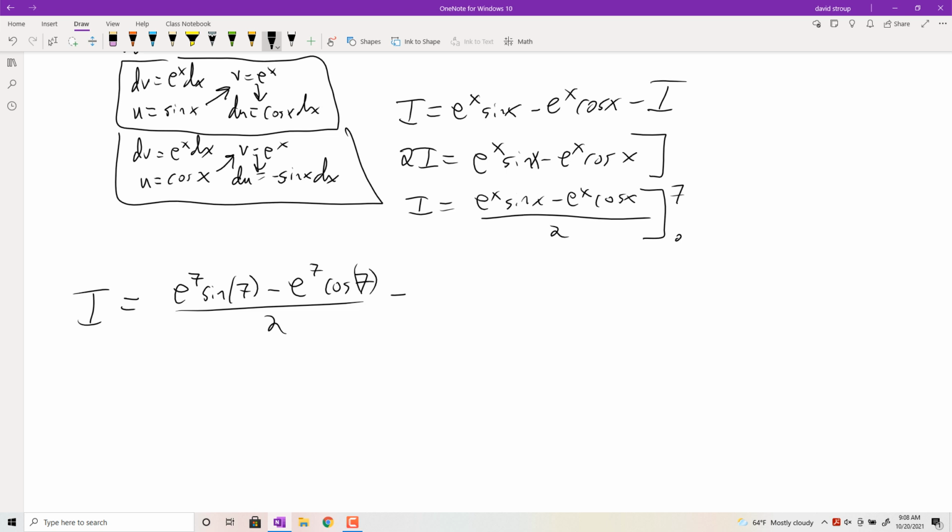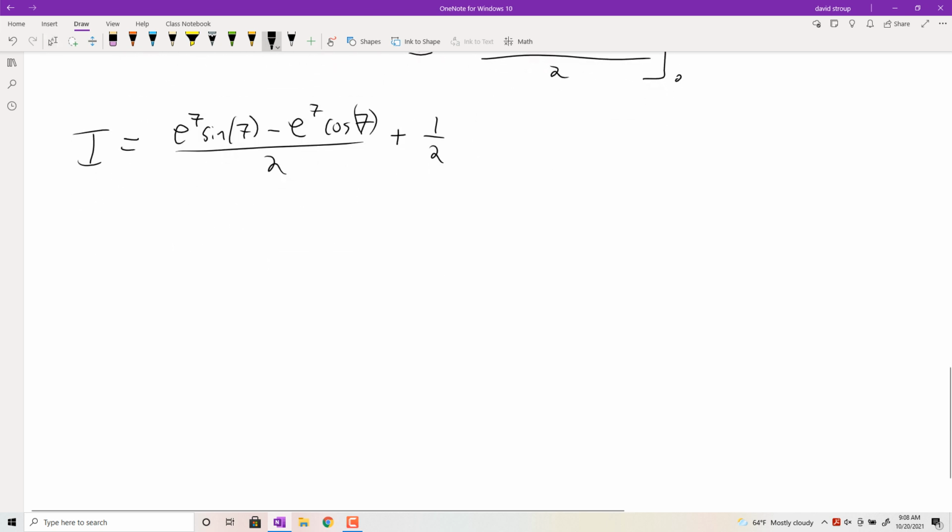And then 0 into the cosine part, I get e to the 0 is 1, cosine of 0 is 1, so it's going to be negative 1/2. So minus negative 1/2 is plus 1/2, and that would be my answer there. If you have something strange like that, you could leave it in terms of sines and exponentials. You don't need an approximation on my test.